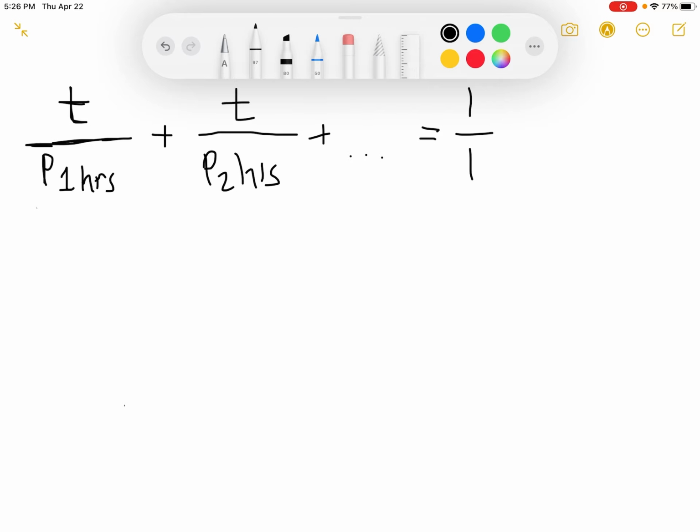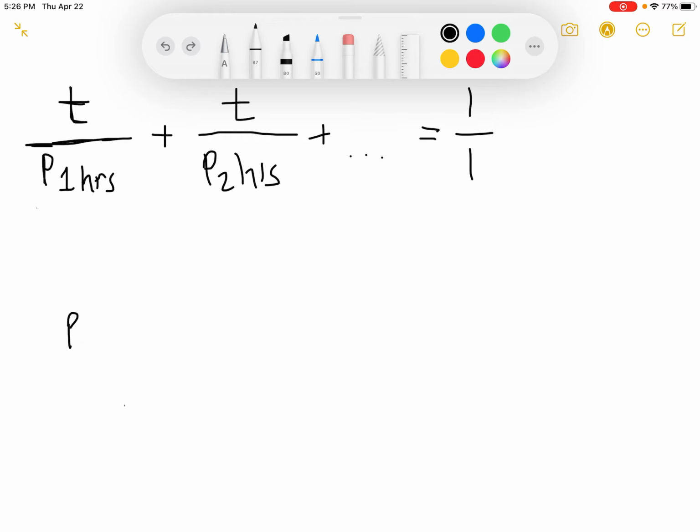Here's one. It doesn't always have to be people, but in this case it is. Suppose one painter can paint an entire house in 12 hours, and the second painter can paint it in 8 hours. So painter 1, let's call that P1. Actually not, because that's supposed to be person.